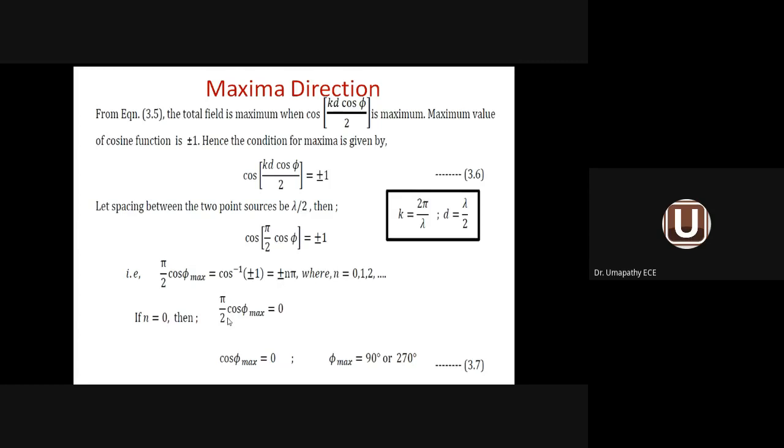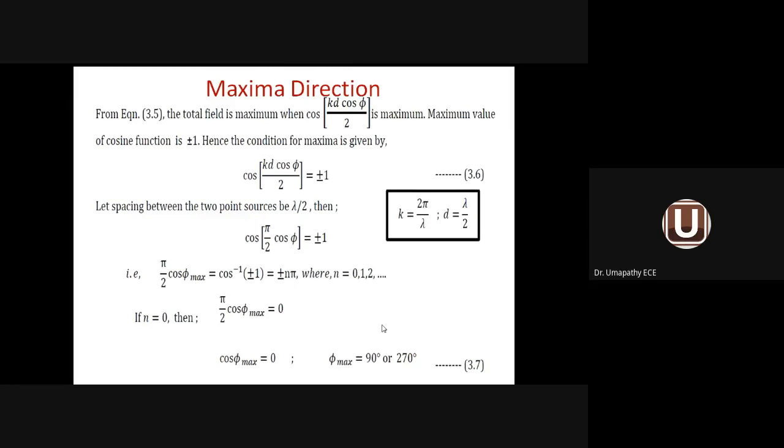I will get pi by 2 cos phi maximum equal to 0. So cos phi maximum equal to 0. When cos becomes 0, phi maximum equals 90 degree or 270 degree. So the maximum direction will be available in 2 angles. One is 90 degree, another one is 270 degree.